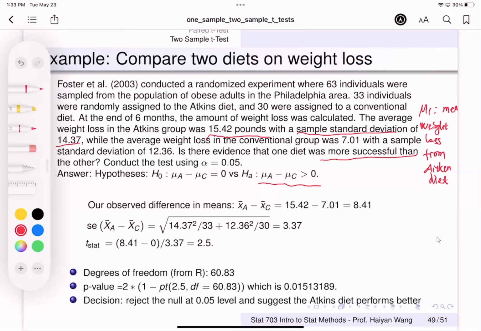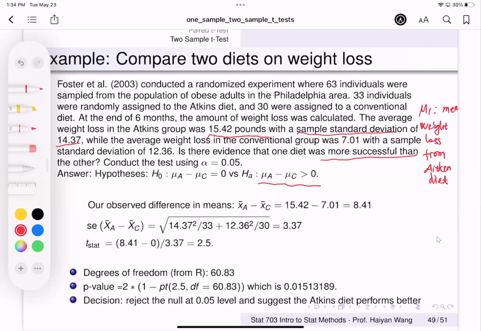If you do not use mu1 and mu2, you can use mu sub A for the Atkins group and mu sub C for the conventional group. So that's the research hypothesis. We always put what we want to find evidence for in the research hypothesis.